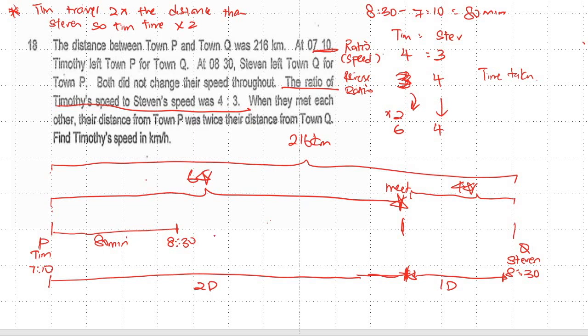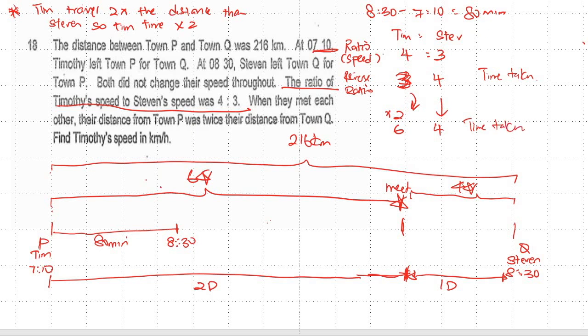So you clearly know that this is the time taken.